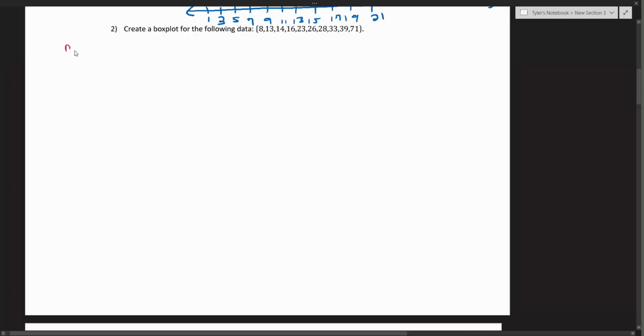I'm going to need to find the minimum, Q1, the median, Q3, the maximum, the interquartile range, the lower fence, and the upper fence, and any outliers.